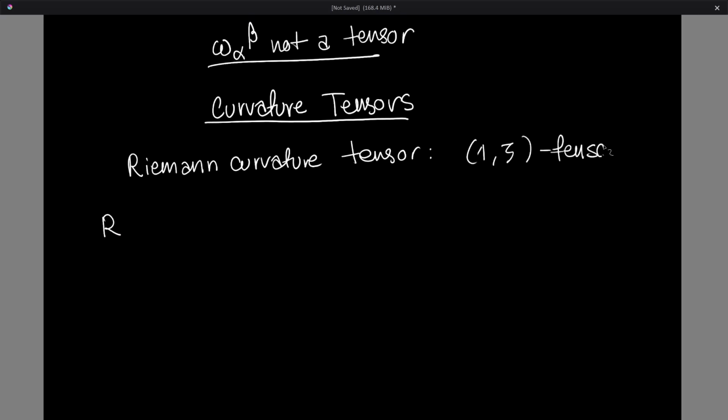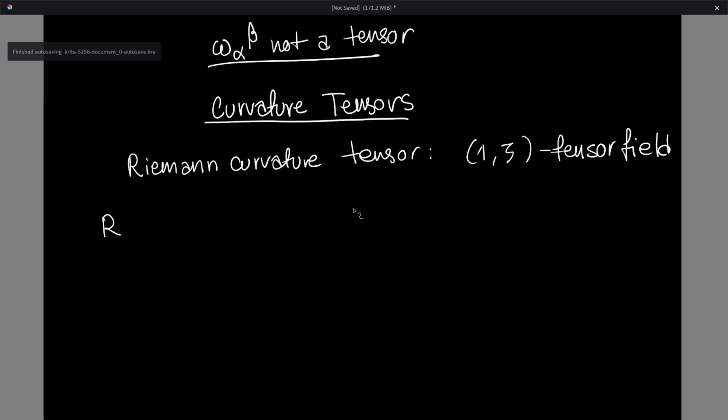Okay, I should talk about something here. It's called the Riemann curvature tensor, and by force of habit I'm going to call it that. But it's a tensor field. It's a tensor once you restrict it to a specific point, but it doesn't even really make sense to talk about the curvature tensor at a single point.